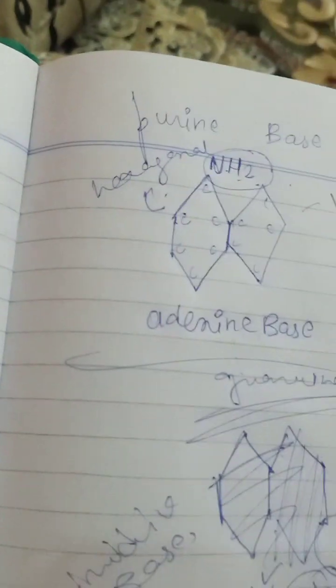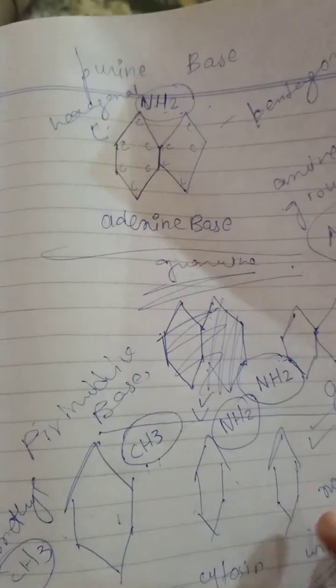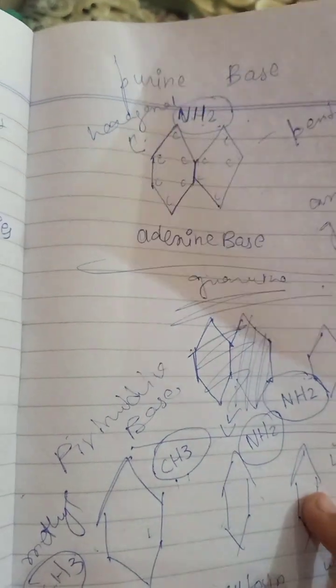Now, some questions. As you all know, in RNA there is uracil, but in DNA there is no uracil.